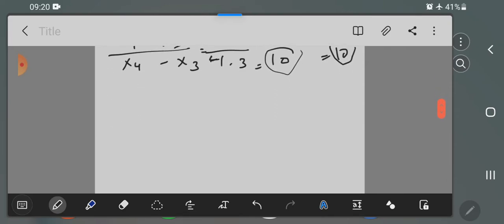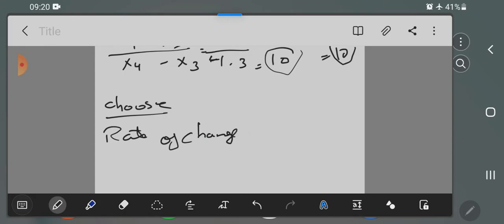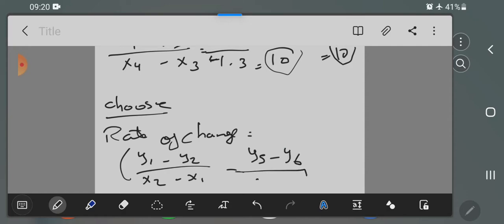If I give you a choose question: rate of change equals y1 minus y2 over x2 minus x1, or y5 minus y6 over x5 minus x6, or it can be y4 minus y3 over x4 minus x3. Which one is right?